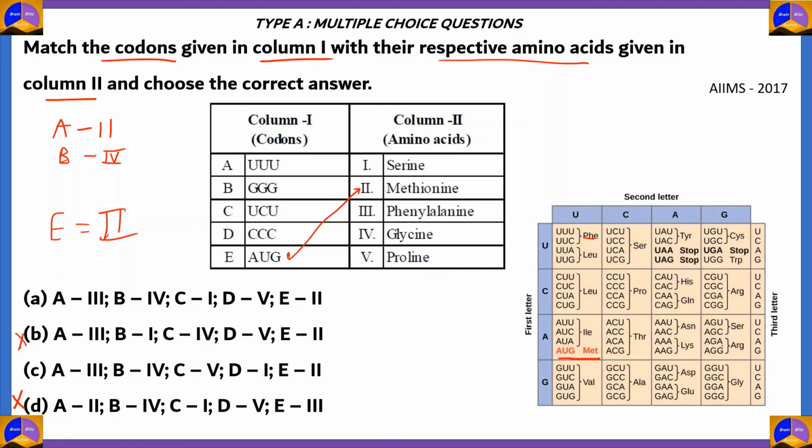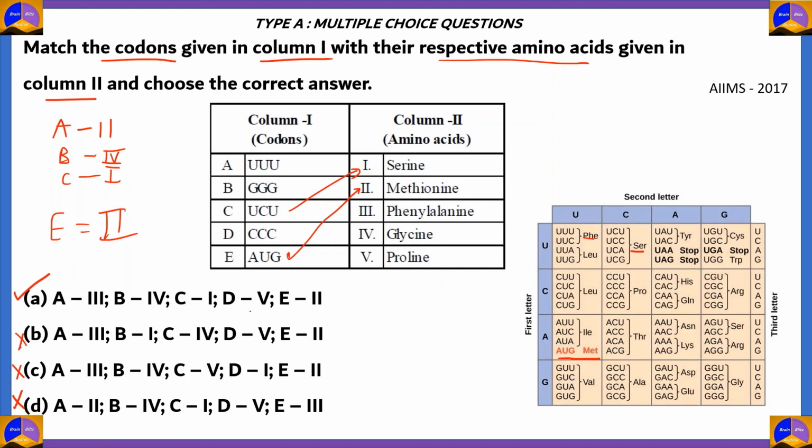UCU is a codon which is coding for the amino acid serine. So UCU is for option 1 in column 2. So the option with C given as 1 is found in option A. That means that option A is the right option and option C is incorrect.